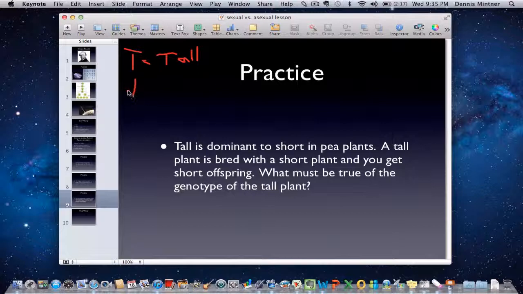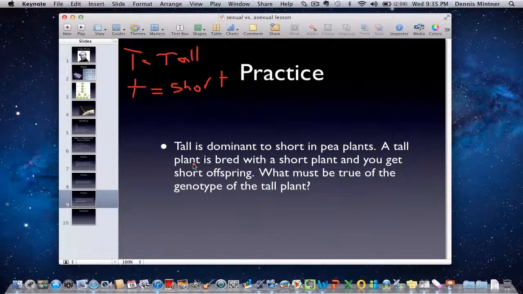Little t, which we know would be recessive then, is short. Okay? So it says tall is dominant to short, so that tells us our alleles.